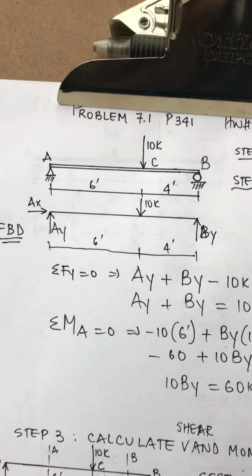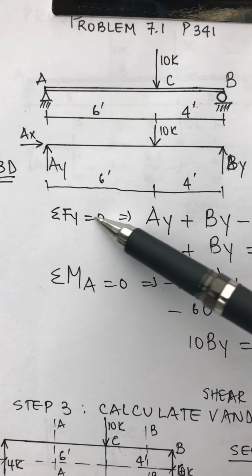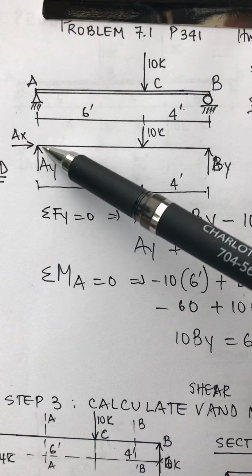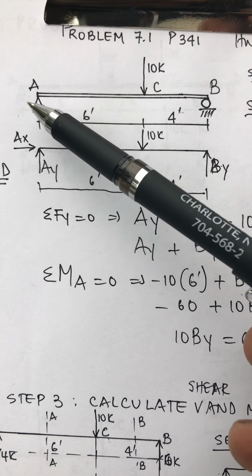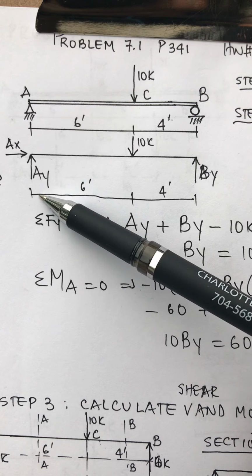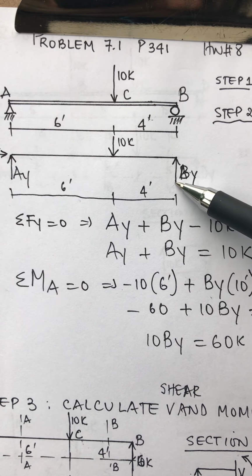So here, you got the free body diagram that I had here. We have two forces at one support, one acting in the X direction and the other in the Y direction. And at the other support you have only one force, in the Y direction.